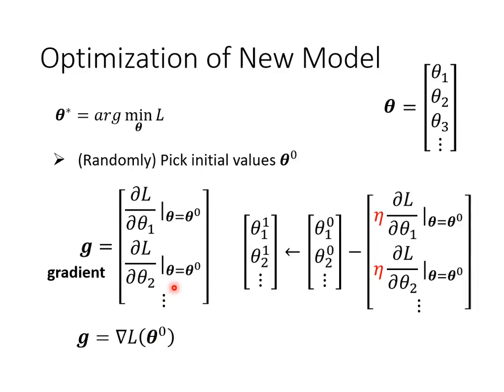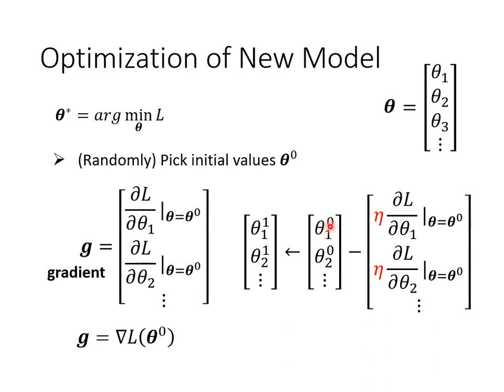After we calculate this gradient, calculating this G, we update our parameters. The update method is exactly the same as in the situation with only two parameters previously. We just need to change the number of parameters from 2 to, say, 1000. If there is originally a parameter called theta 1, the superscript 0 means it is a starting value, a randomly selected starting one.